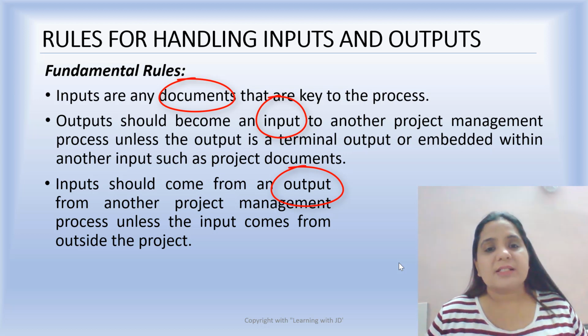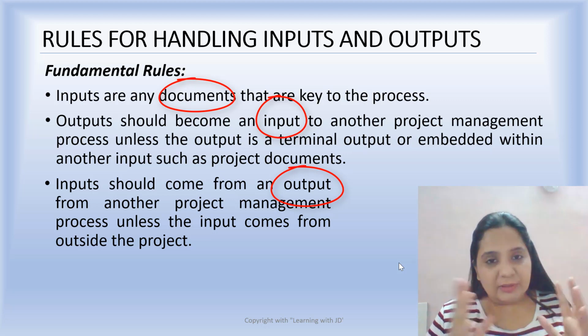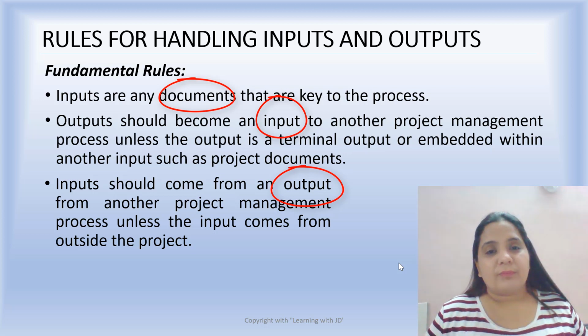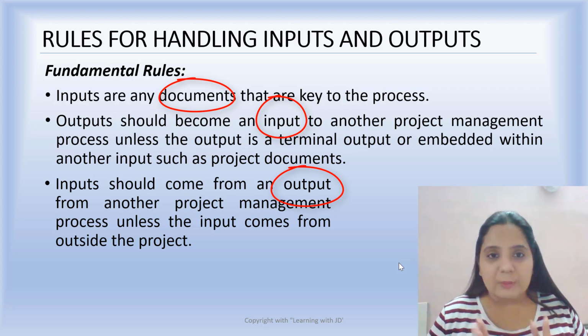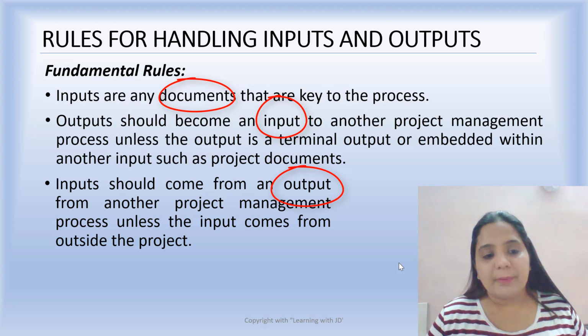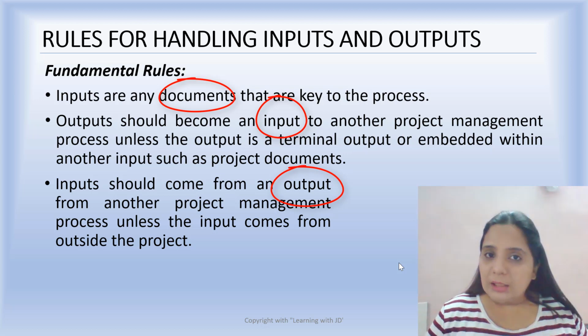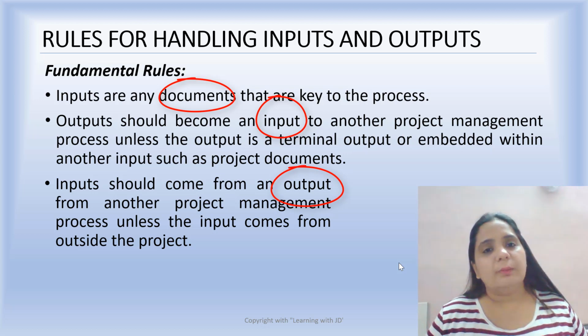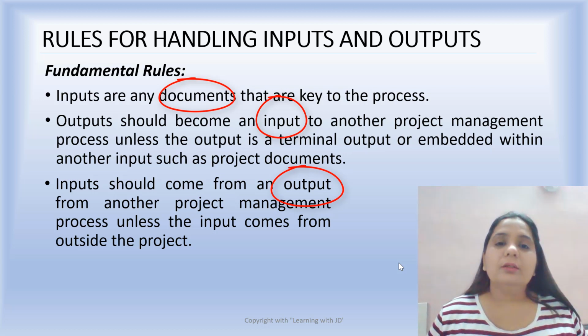All the other processes will have an input from within the project. It will also have something from outside of the project. That is also a possibility. I am not denying that in between of the project, you will not have any other document that will be an input from outside of the project. But still, most of the processes will be from within the project.